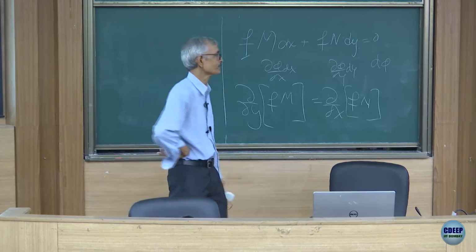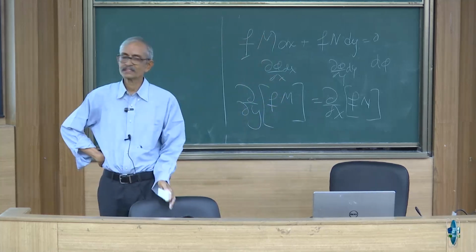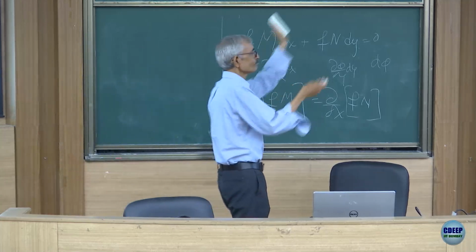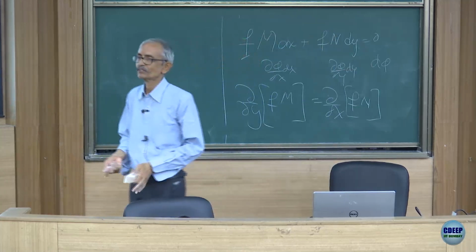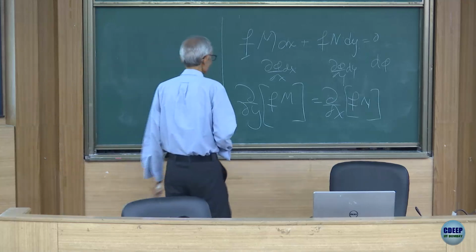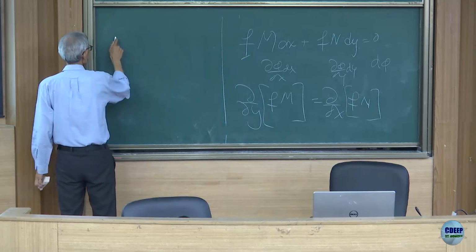When will this work? Okay. So let's just say that suppose, this is a big suppose. If it is not, then you just don't worry about any of this stuff. Suppose f is a function of x only. You say that, hypothesize, if you will.